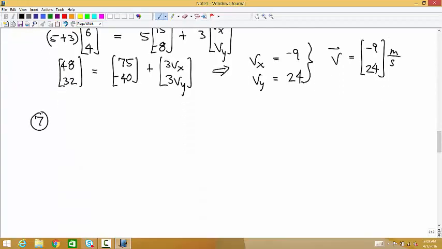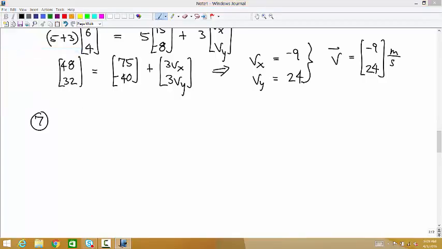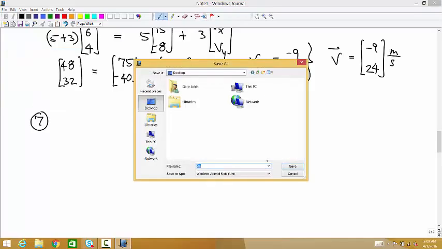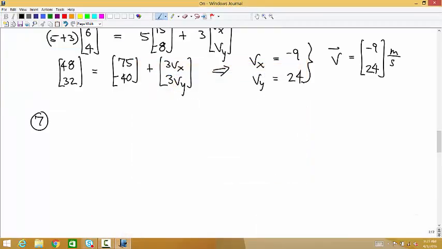Number 7. Okay, so the first part, if it's inelastic, that's sort of the good news. That's the news you want to hear because that's a lot less time consuming.